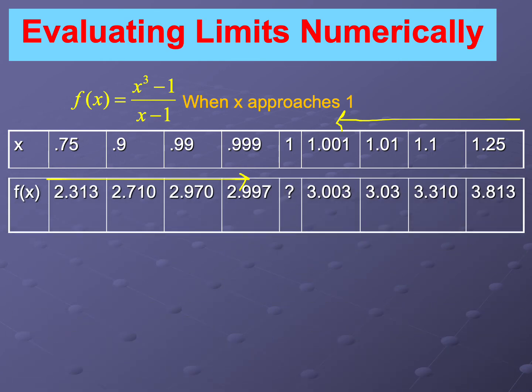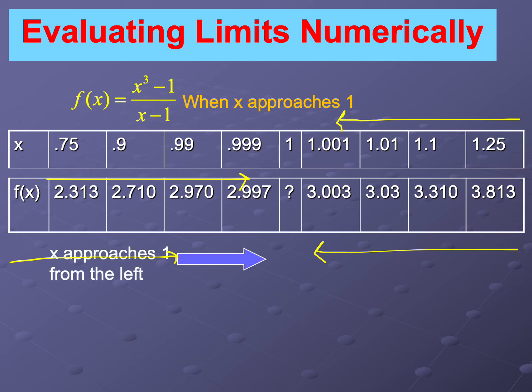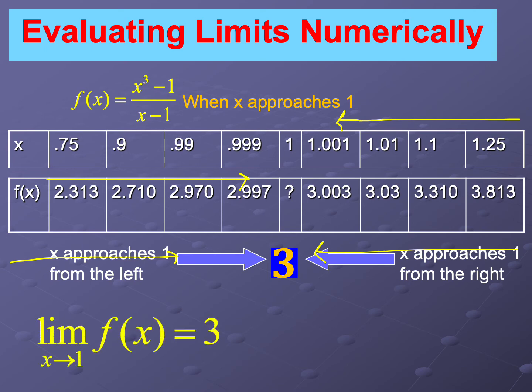When I find their values, I can see clearly that the results are approaching 3 from both sides, because the left side results 2.3, then 2.7, then 2.9, then 2.99 are approaching 3 from both sides, which means the limit when x approaches 1 equals 3.